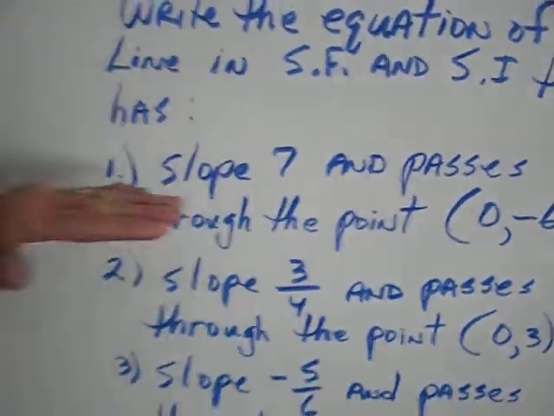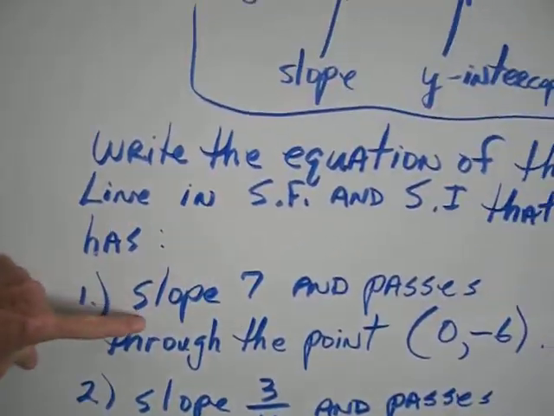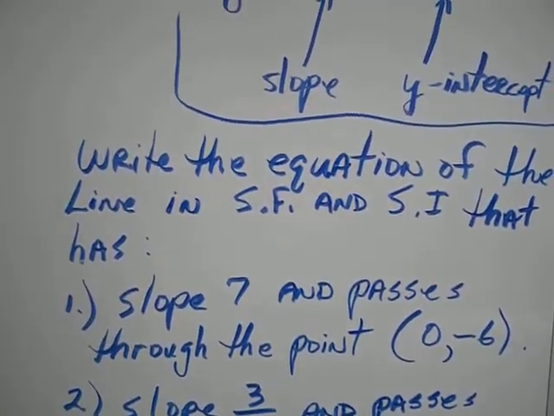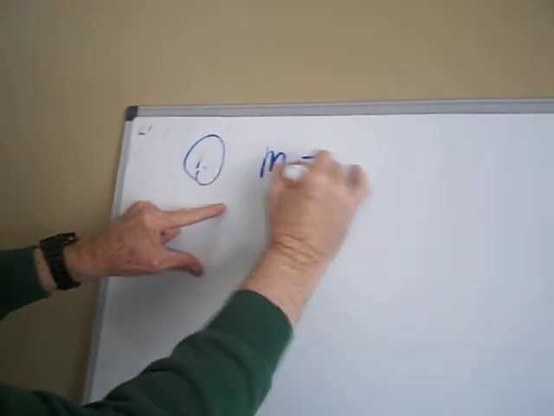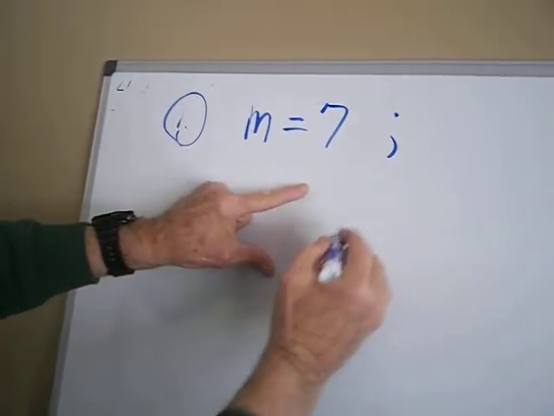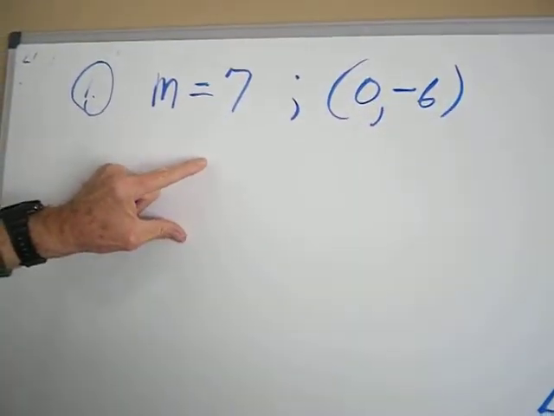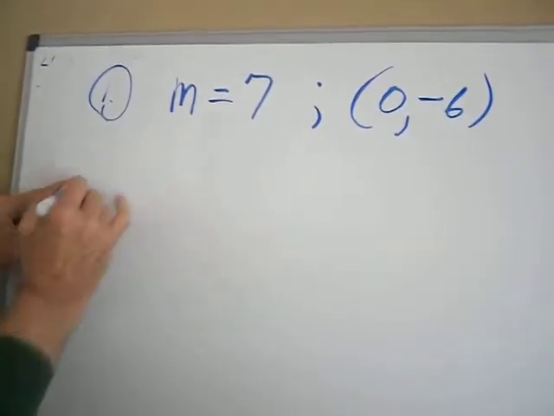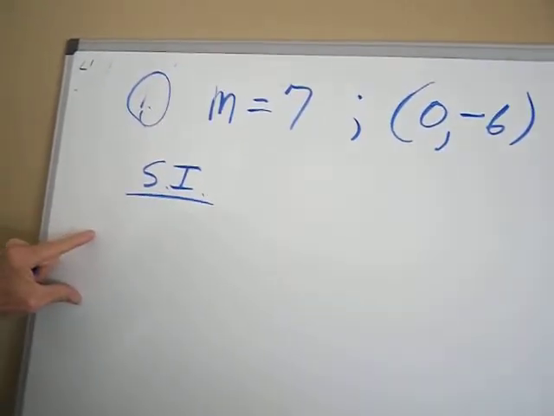So, we're going to start off with number 1, and we're going to take this data and write it in slope-intercept form first. Now, I'll just note it. m is equal to 7, and it passes through the point (0, -6). First thing that we're going to do is put it in slope-intercept form.